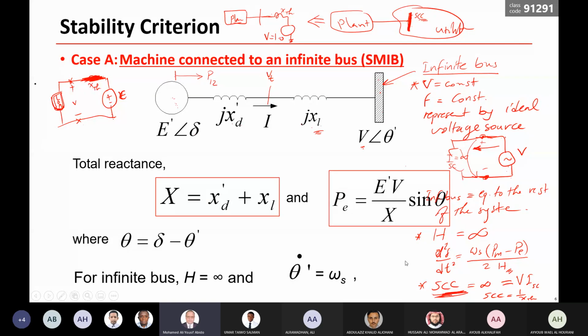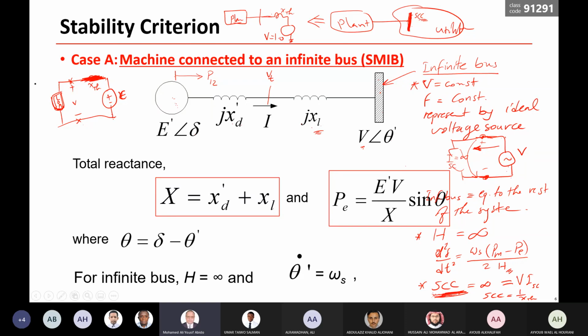Sometimes we calculate this short circuit capacity in terms of per unit. In per unit, the short circuit capacity is approximately equal to the voltage being 1 per unit. This 1 per unit could be 380 kilovolt, could be 132 kilovolt or 115.